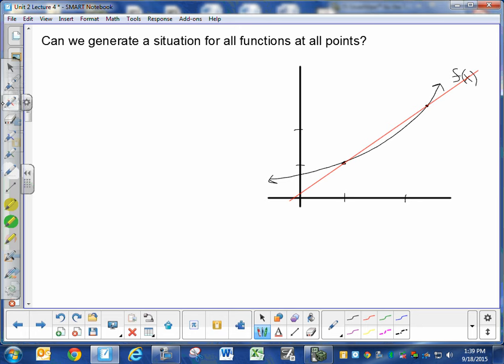Well, we're talking about slopes. Let's first talk about the slope of this secant line. If this was A and this was B, this would be f of A and f of B. I'd get f of B minus f of A over B minus A.